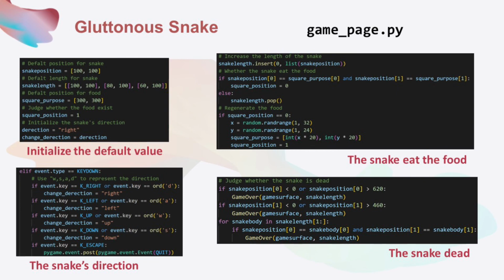The Gluttonous Snake is generally an easy game. We did not even use a class for it. We import the package Pygame and use it to initialize the color, font, and design the interface. We also initialize the default position for the snake and the default position for food, and also the default direction, right.